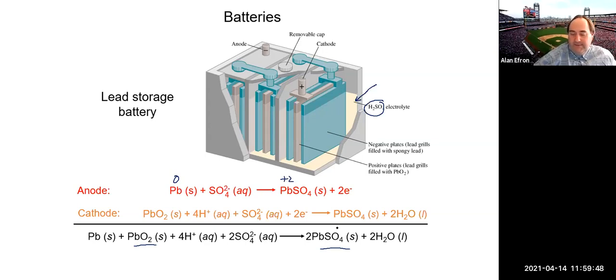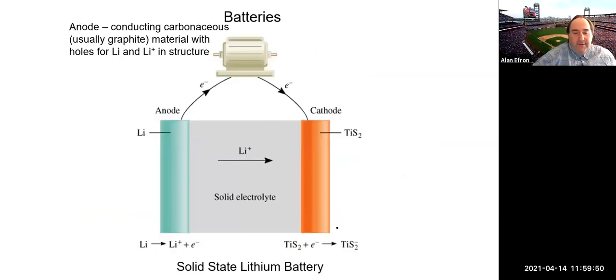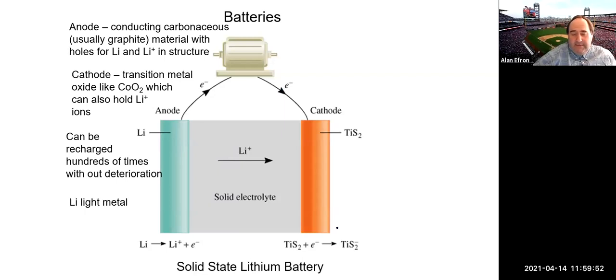Another type of battery is a solid state lithium battery. The anode is basically a carbon substance like graphite. It has little holes that allow the lithium to go from 0 to +1, being oxidized and traveling across here.